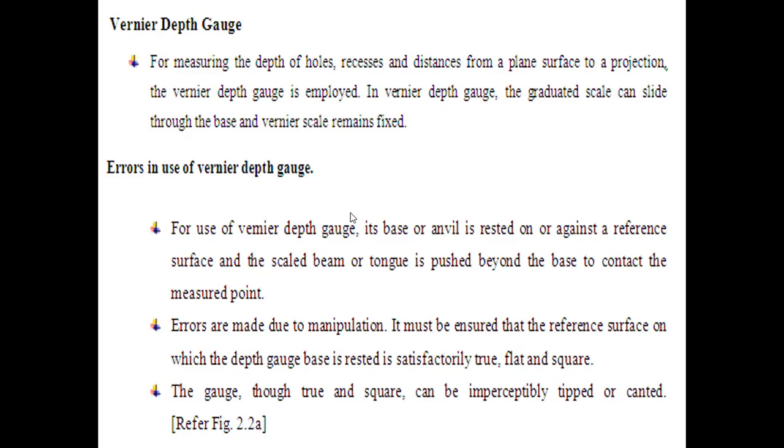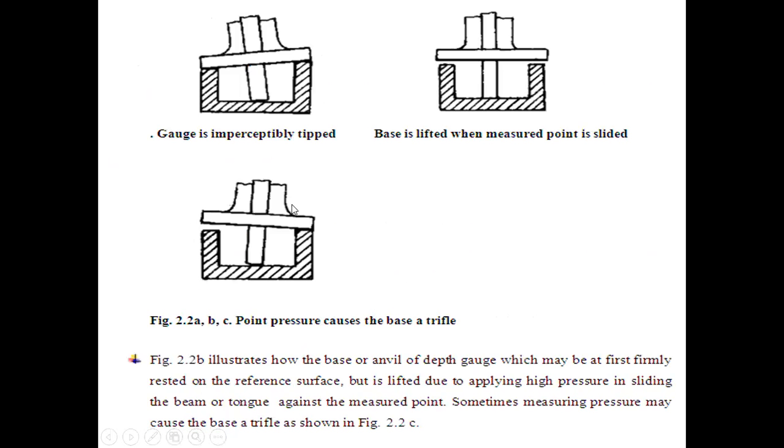In addition, while performing the depth measurement, what are the common errors that we encounter during the depth measurement process? These are some illustrative diagrams to show the common errors that influence the measuring instrument.